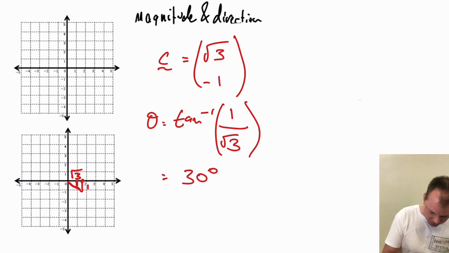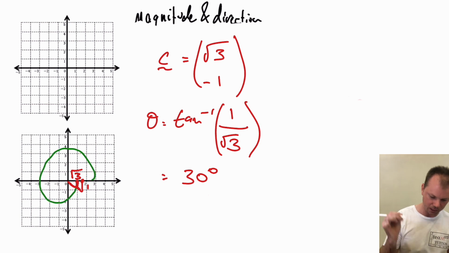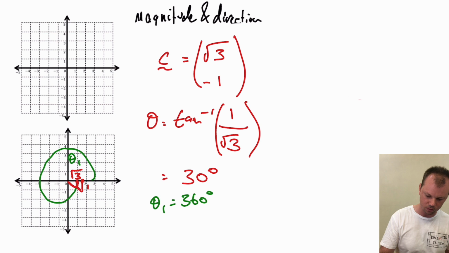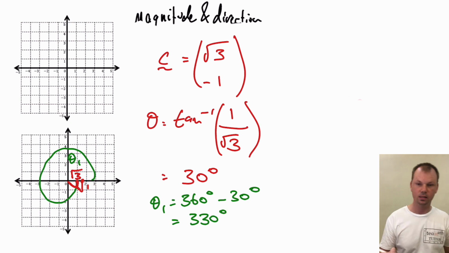So this angle in here is 30 degrees. However, we want the angle going all the way around like this. So let's call that theta 1. Theta 1 will be 360 degrees, the whole circle, minus our 30 degrees, and we will get 330 degrees, which is the direction of that one.